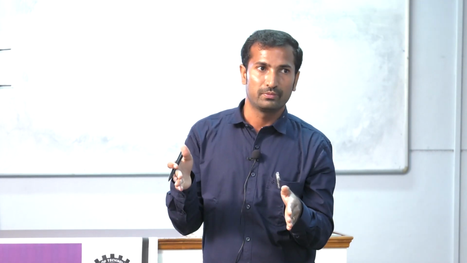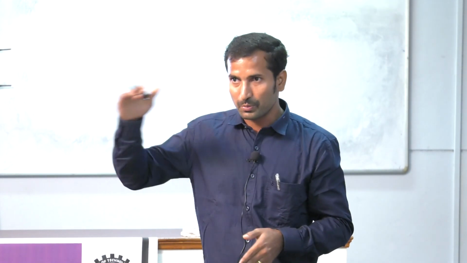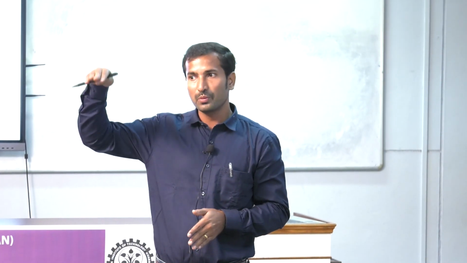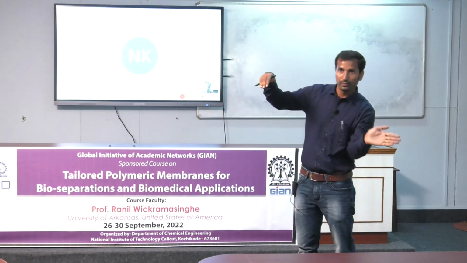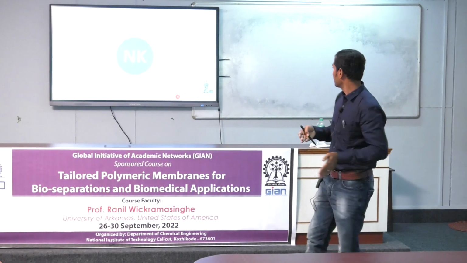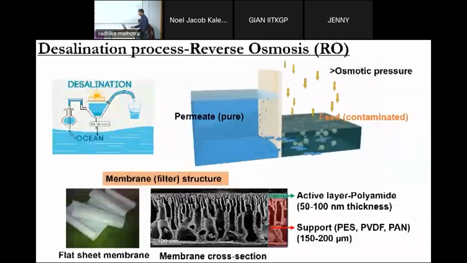But if you want to do reverse osmosis, there is an osmotic pressure, and you have to apply a pressure which is higher than the osmotic pressure. If the osmotic pressure is, for example, 3 bar, it is not the exact data, you have to apply more than 3 bar to pass the pure water from the concentrated side to the pure water side. Okay, look at this image.